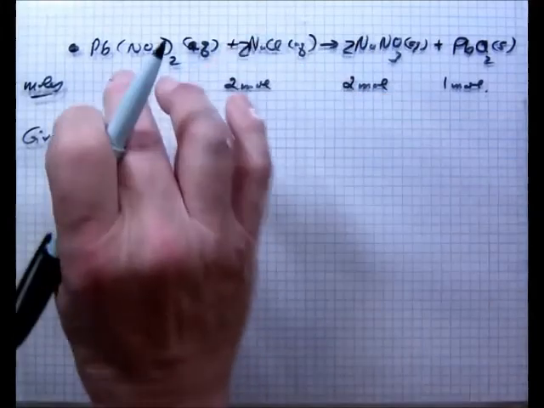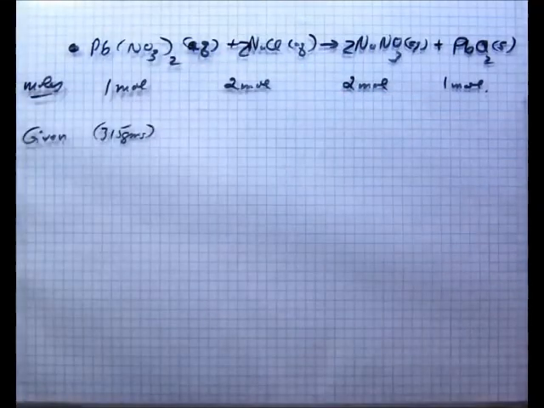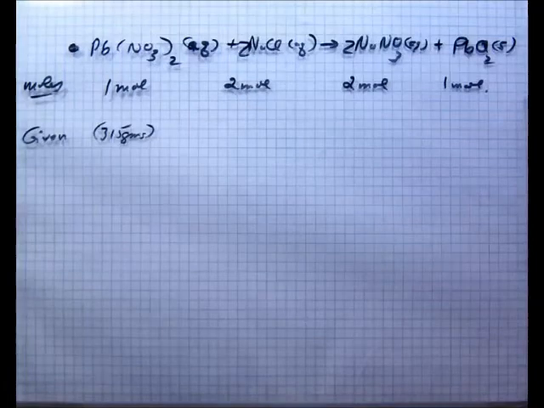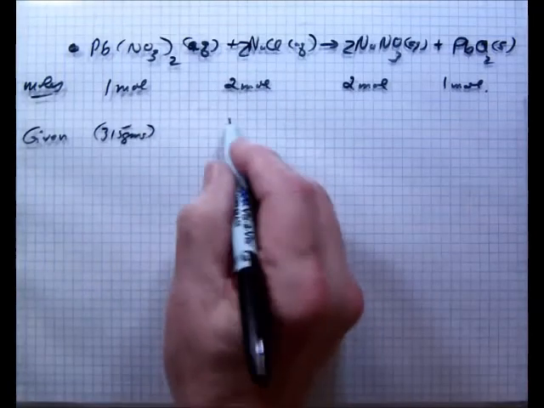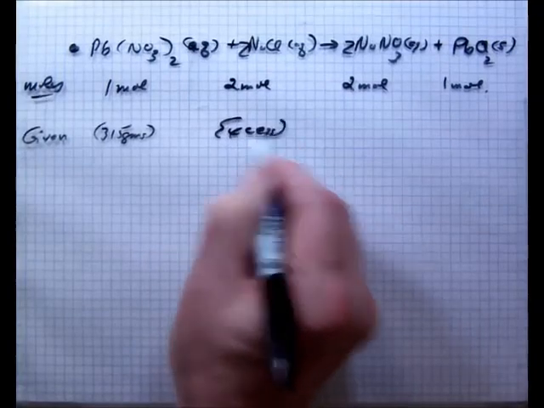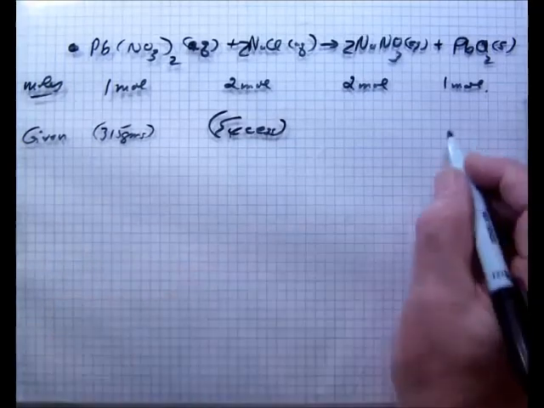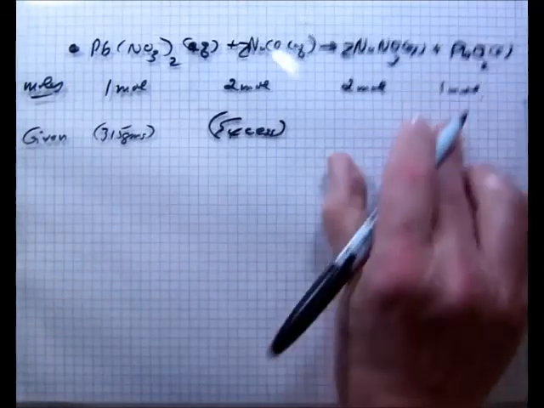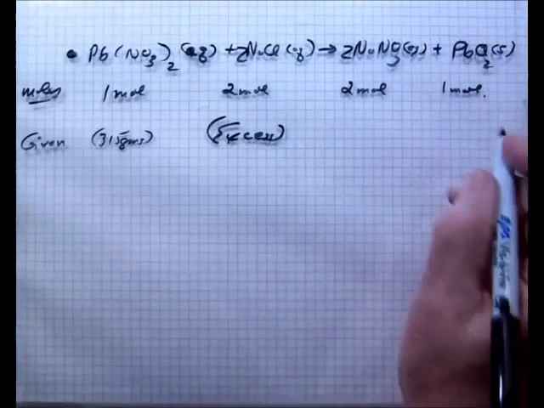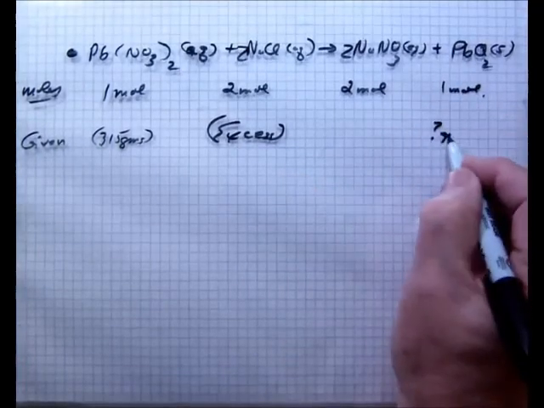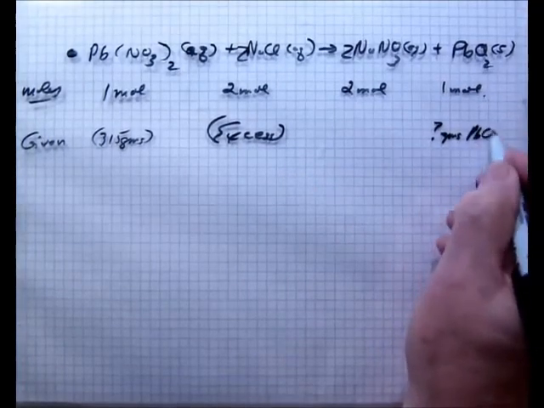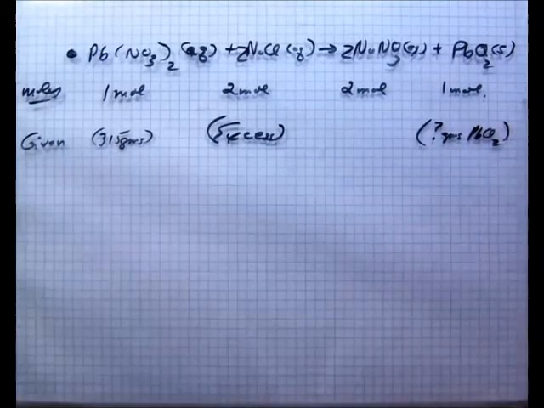That is, you're only going to react with 1 to 2 ratio. I don't care how much you have. You'll have just excess left over. Okay? So I'm just going to put excess right here. What I want to know is how many grams of lead chloride are you going to get out of this reaction?